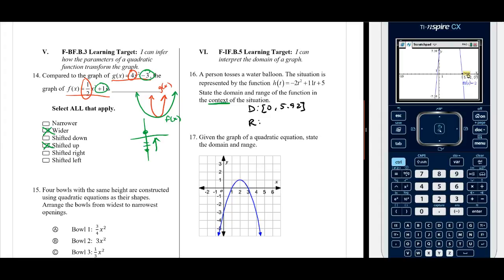And then my range are my outputs. So in this case, it's going to be my height. Well, my height can't be less than 0, so my height starts also at 0. And then from there, it goes to whatever my maximum value of this function is.